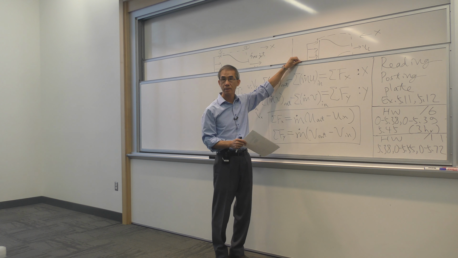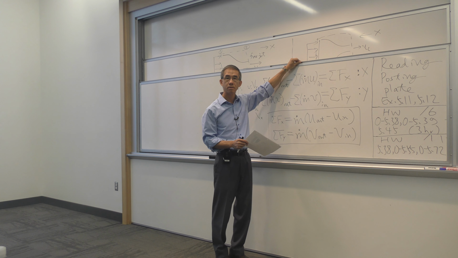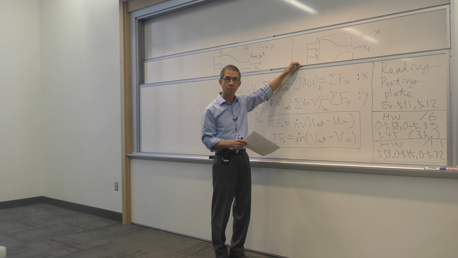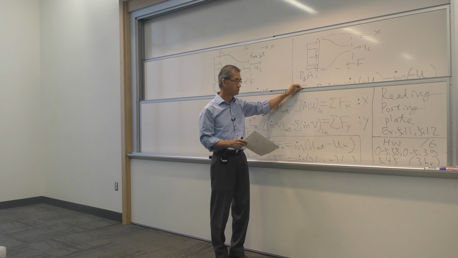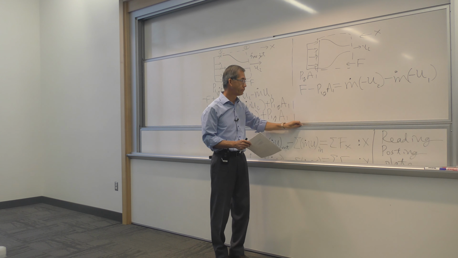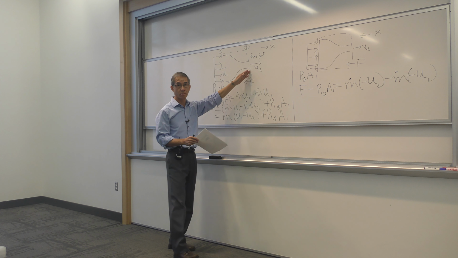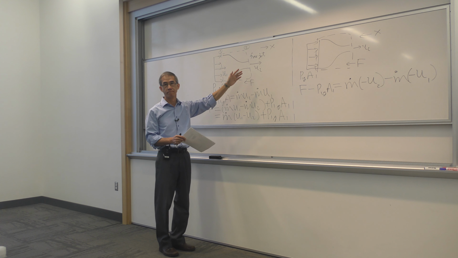Okay? Yes? So if there was a pressure increase from 1 to 2 instead of a pressure drop, would the term be negative, like negative P2 A2? The answer is yes, if the pressure is higher at 2, which is not physical. Why?